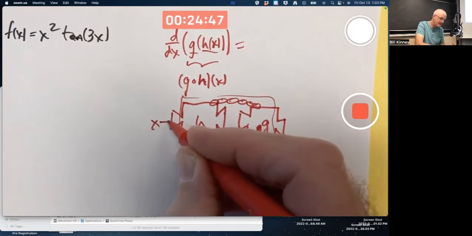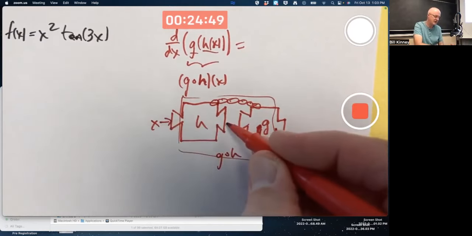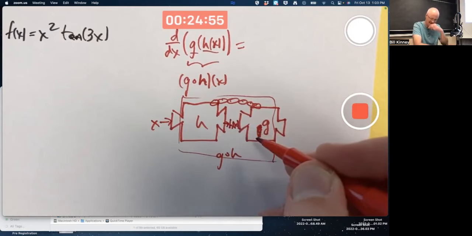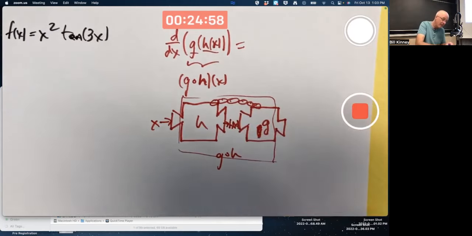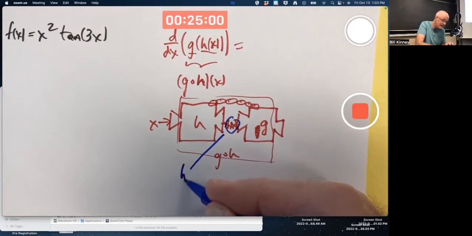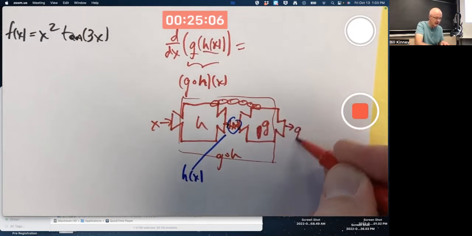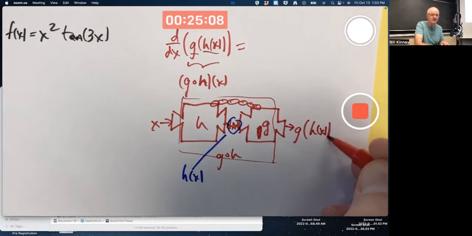That takes a number x, you plug it into the h machine, you get a number h of x out. That's h of x. Then take that number, plug it into the g machine, and get g of h of x.